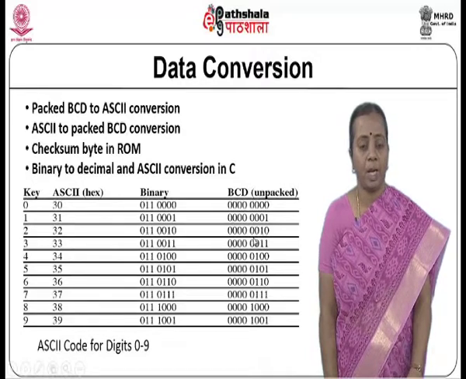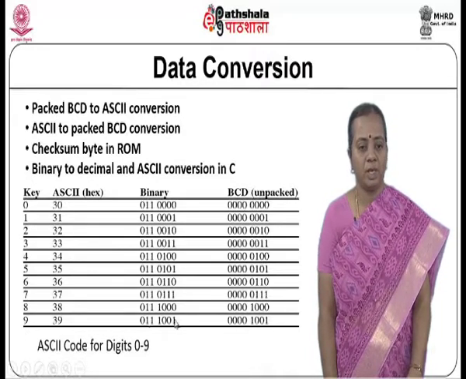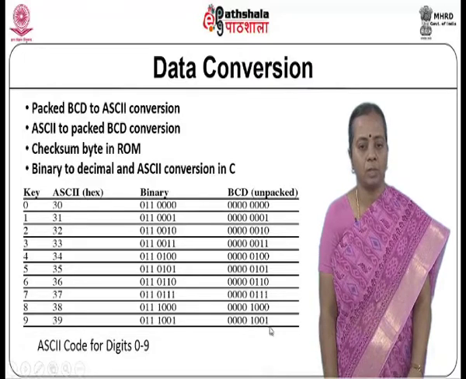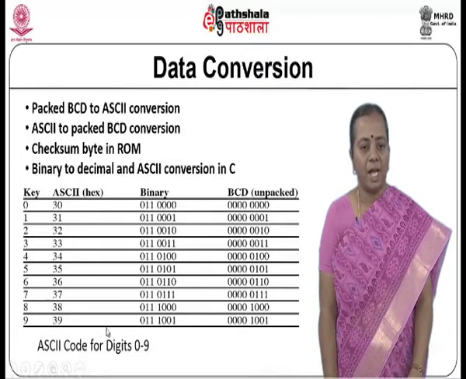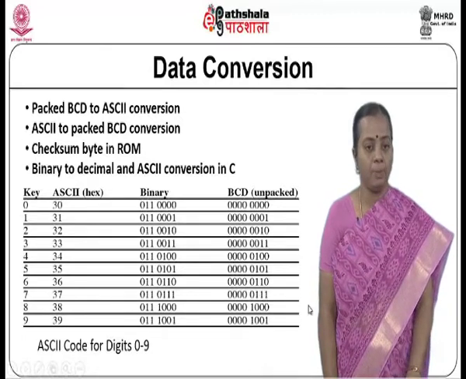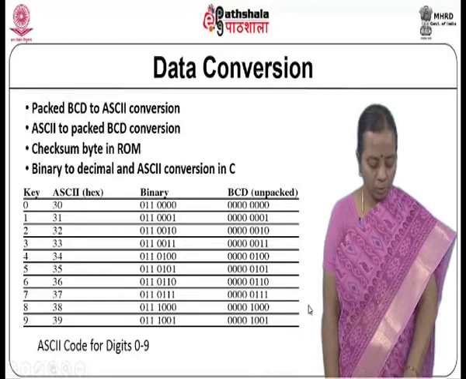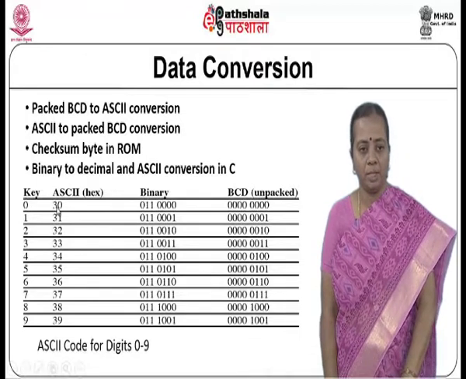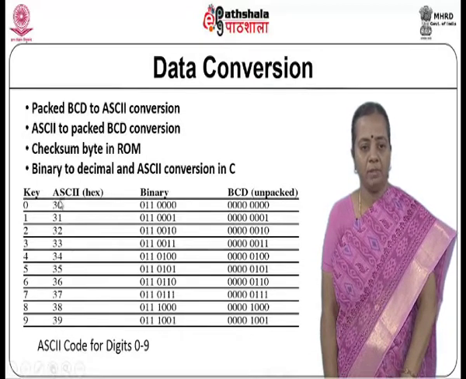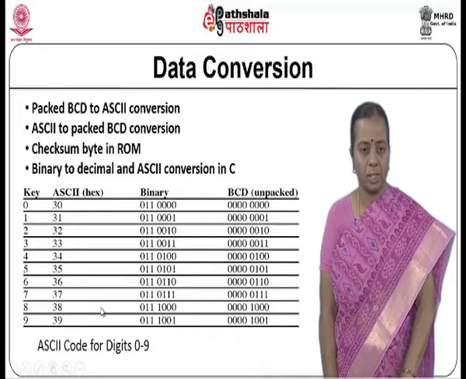So, this is BCD, binary coded decimal, and if it is 9, it will be 0 0 0 0 1 0 0 1. Now, the ASCII codes from digit 0 to 9 are given over there. How we will be implementing this through code, that we will see. You just look at over there, 0 becomes 30 and 9 becomes 39 with respect to ASCII hexadecimal values.